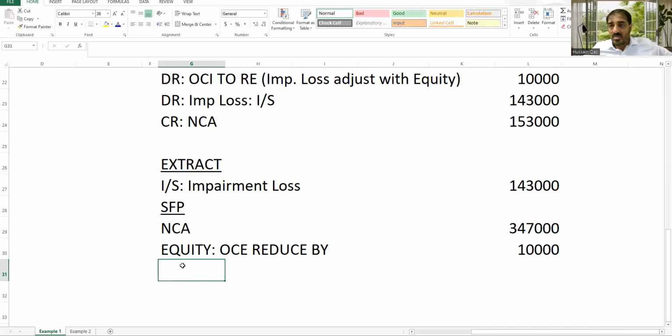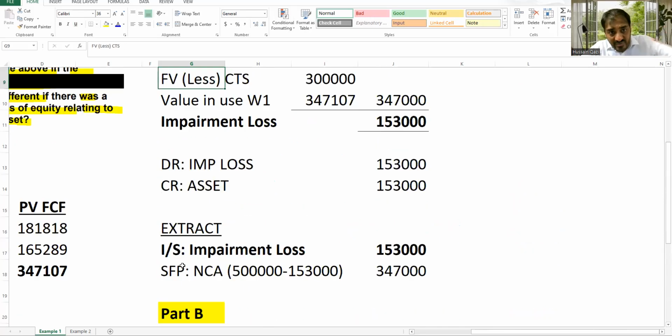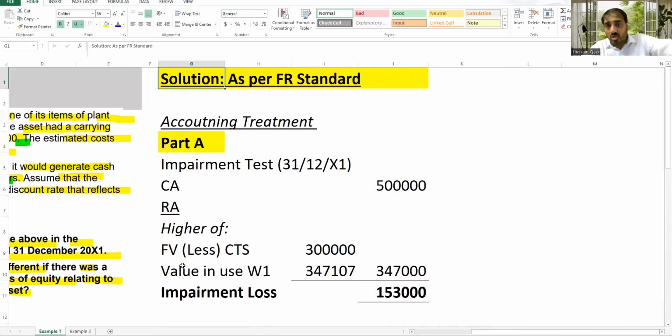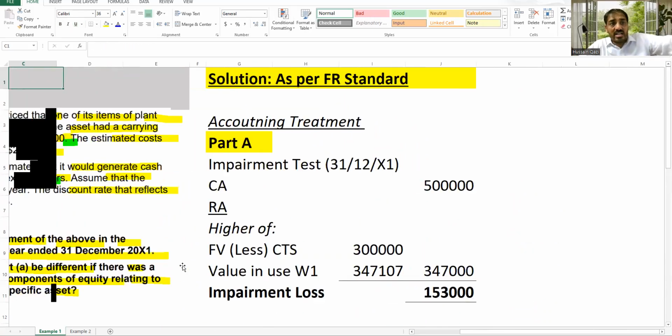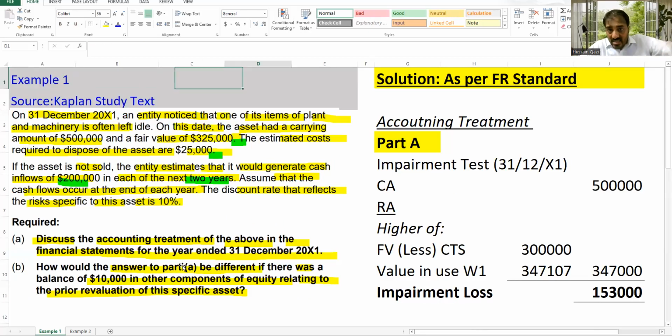That's all. This is what you have done. If a student attempts that particular question in this manner, this is not SBR. Actually, you have attempted the question according to FR caliber.